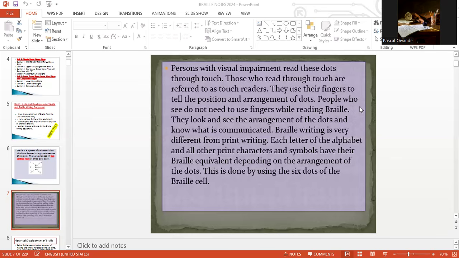And therefore, Braille writing is very different from print writing. And each letter of the alphabet and all other print characters and symbols, they have their Braille equivalent depending on the arrangement of the dots. And this is done by using the 6 dots of the Braille cell.